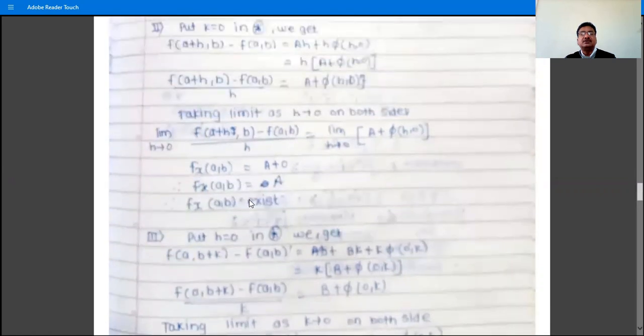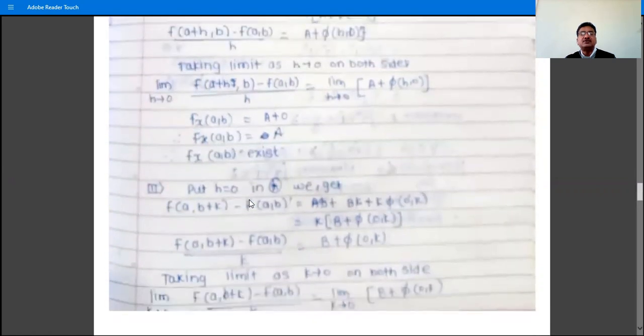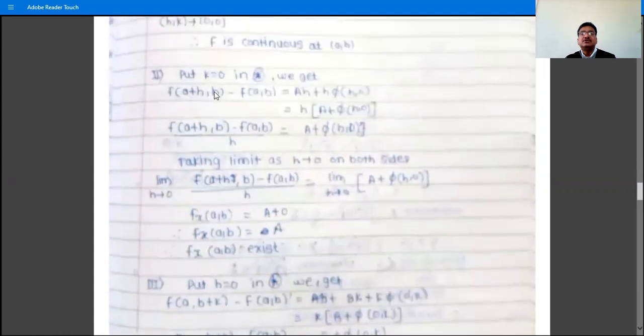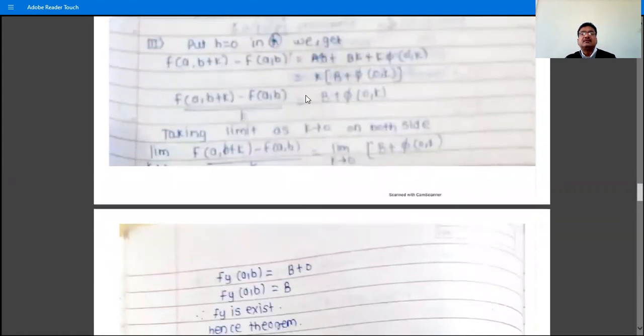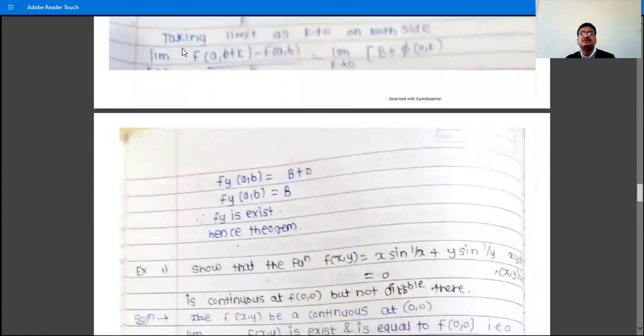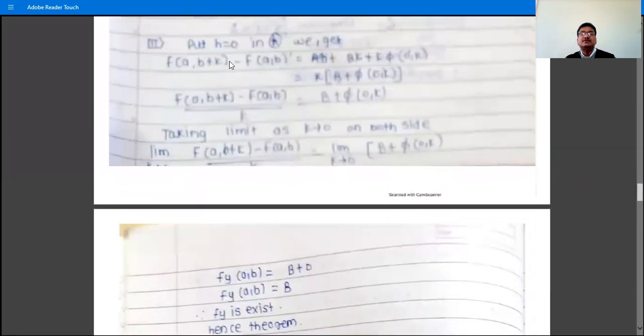Similarly, we can show that fy(a, b) also exists. For that, substitute h equal to 0 in the star equation, and we have f(a, b+k) − f(a, b) equal to this. Take k common, shift to the LHS, and take the limit as k tends to 0. The LHS is nothing but fy(a, b), the partial derivative with respect to y at (a, b).